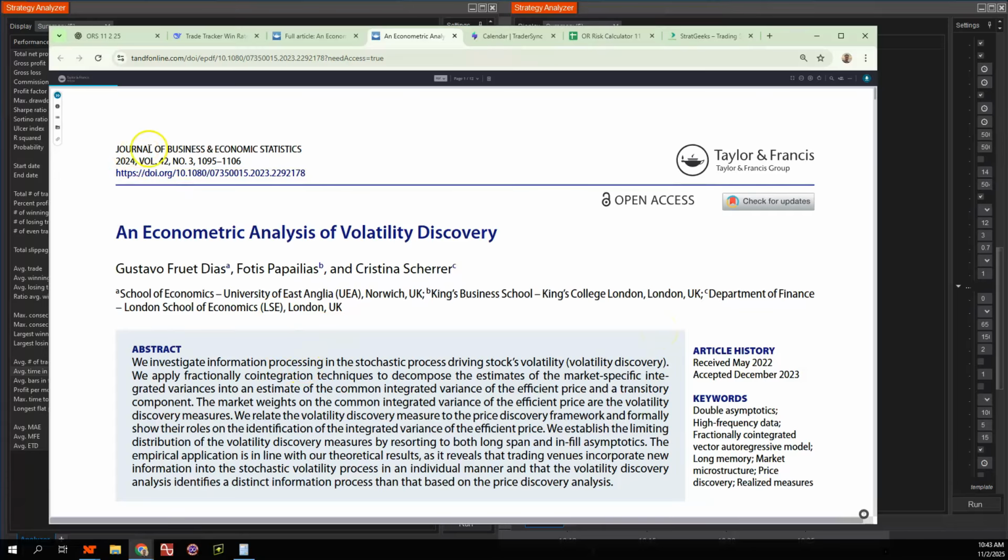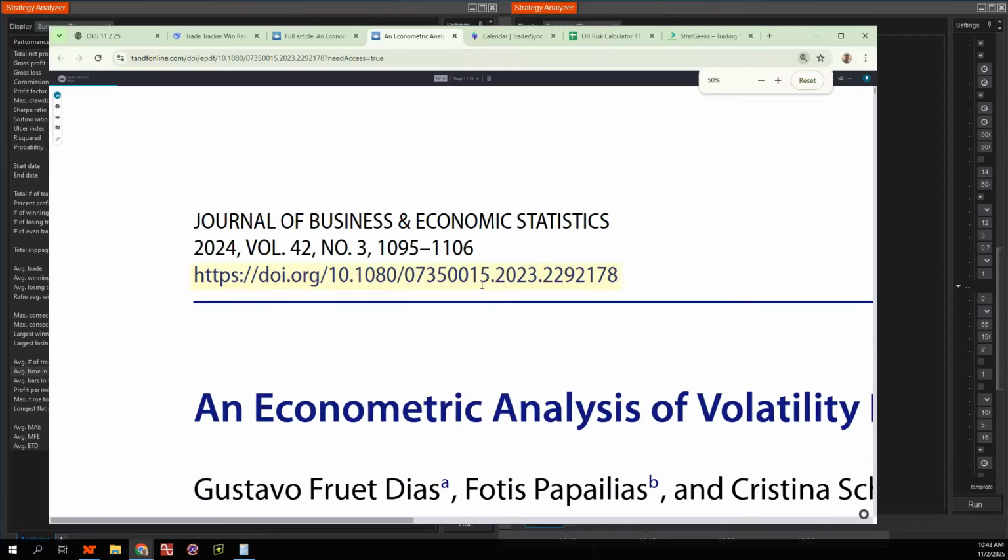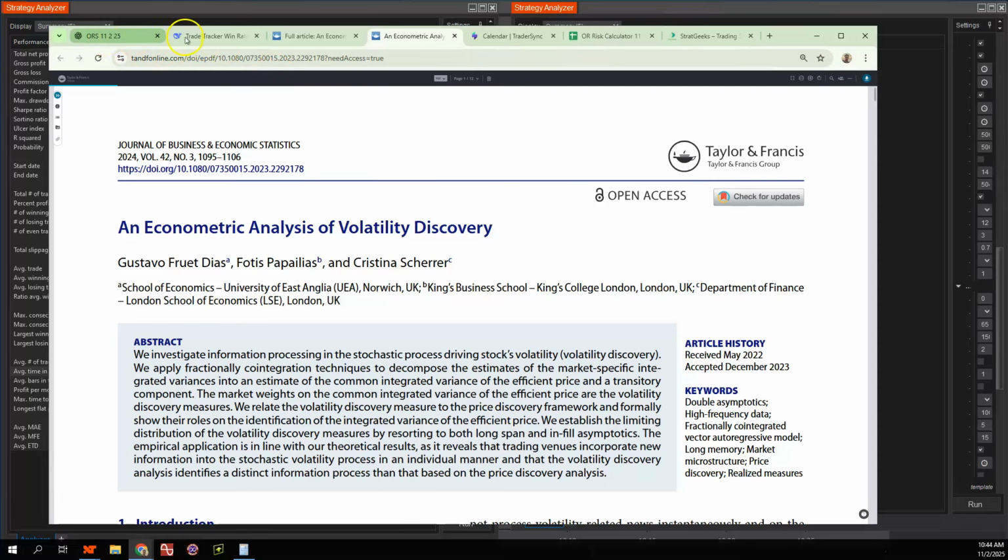Yeah, it's an article in the Journal of Business and Economic Statistics. We're not going to go over this whole thing because, honestly, it's beyond me. But basically, we'll break it down with GPT, and then we'll see if DeepSeek correlates with what GPT says.